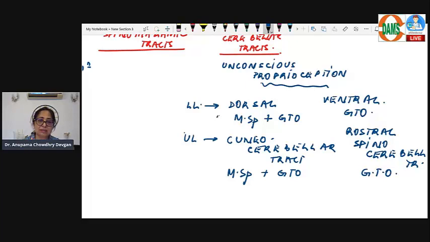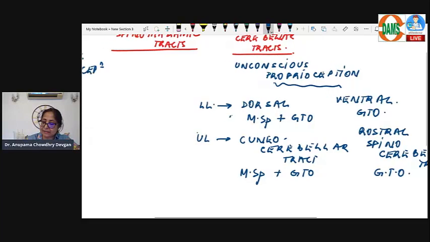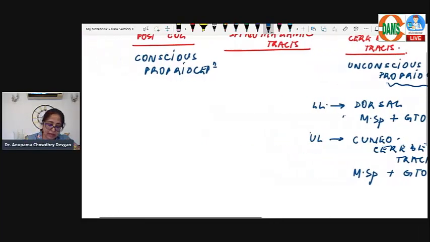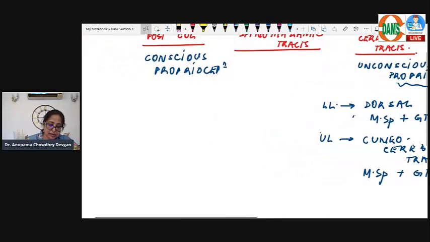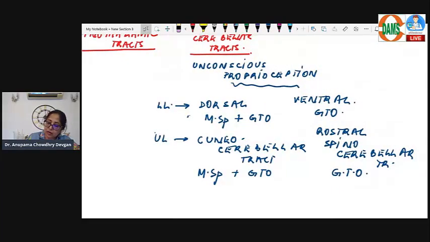Ventral and rostral spinocerebellar carry impulses only from the Golgi tendon organ. Okay? This is as far as your spinocerebellar tract is concerned. Rostral is from upper limb, ventral is from lower limb. Have you understood? Lower limb, you have two, dorsal and ventral. From upper limb, you have the cuneo-cerebellar and the rostral spinocerebellar.